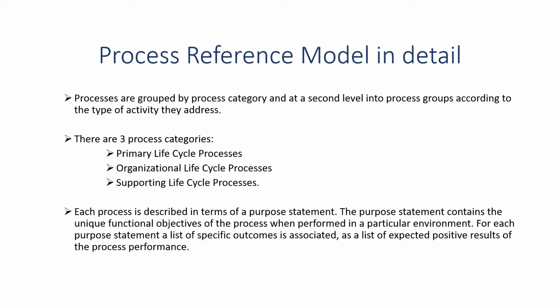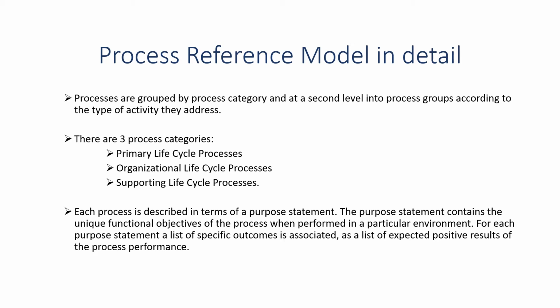Processes are grouped by process categories and, at the second level, into process groups according to the type of activity they address. There are three process categories: primary lifecycle, organizational lifecycle, and support lifecycle processes. Each process is determined in terms of a purpose statement.